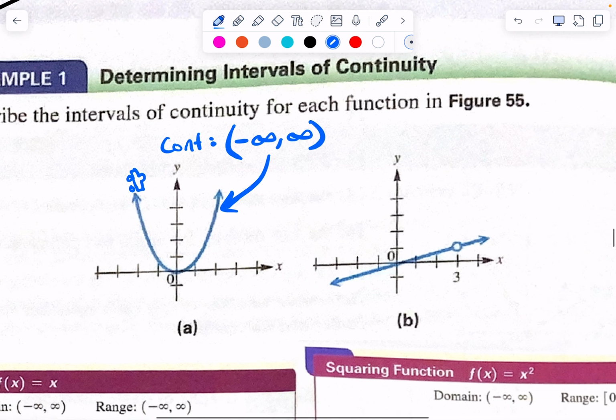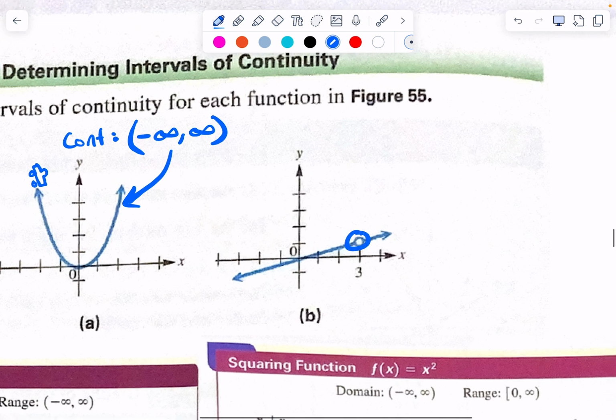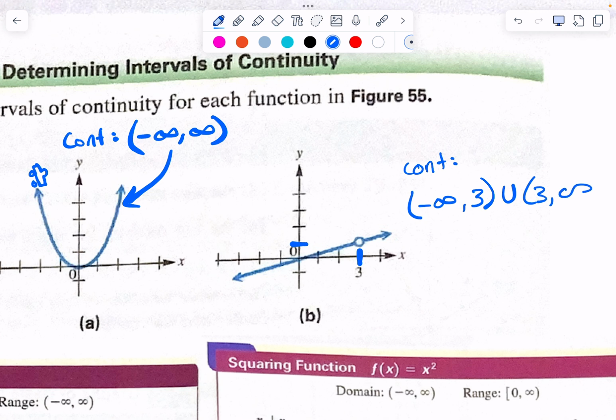Versus this one, it has a pothole that we're going to run into at 3. We don't care that the y coordinate is 1. We only care about the x coordinate. So it is continuous from negative infinity until we get to 3, and then from 3 to infinity.